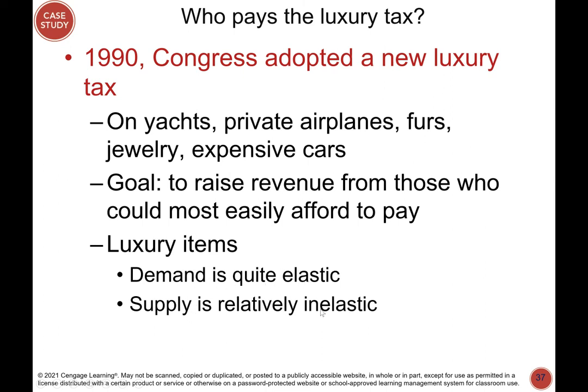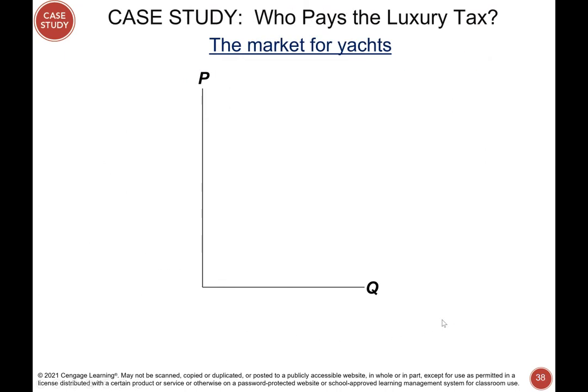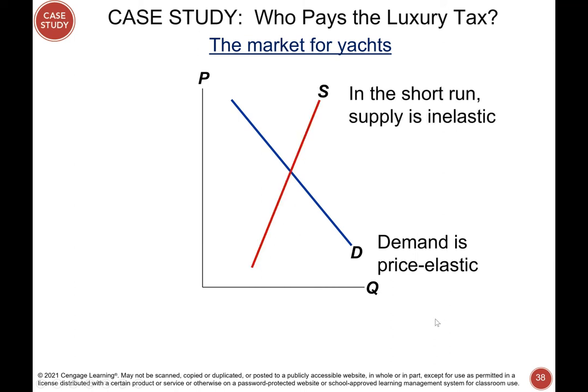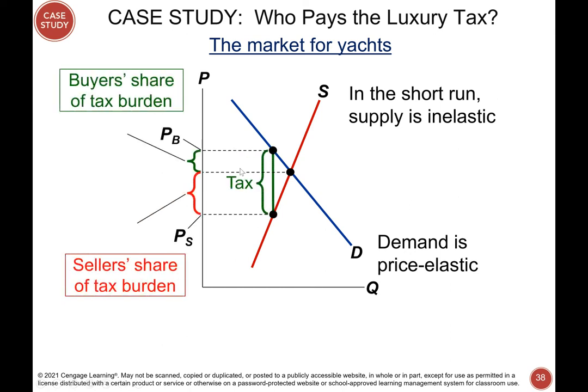Supply is relatively inelastic, and if the supply is inelastic, these are the people who are going to be stuck with the tax. So if we demonstrate this on the graph, that is an inelastic supply and a relatively elastic demand. If tax is imposed on these luxury items, we will see that this is the rich people's share of the tax burden.